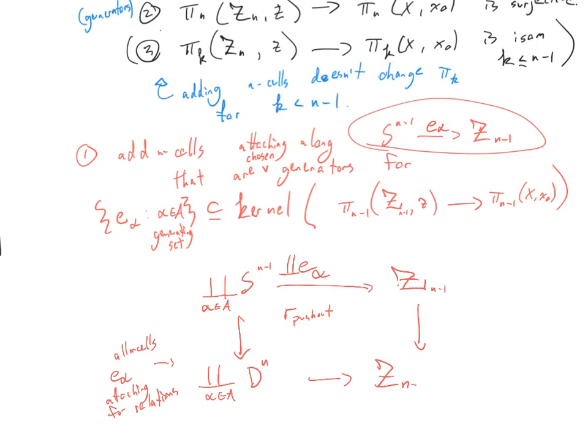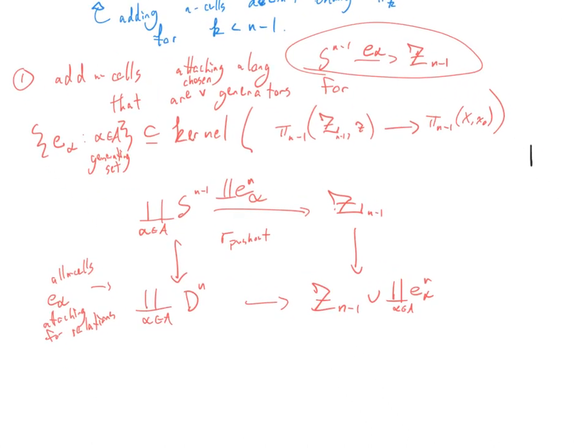Let's just say this is Z_{n-1} union this bunch of n cells, e_α. And maybe just for completion, let me put n's on my alphas so that we know that these are n cells that we're attaching. Okay, and so this is what attaching those cells looks like.